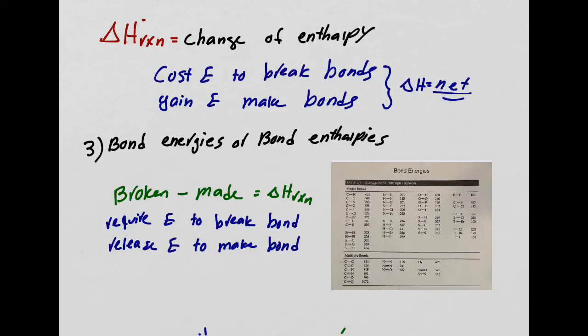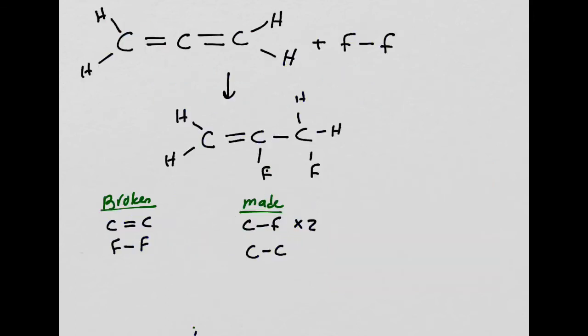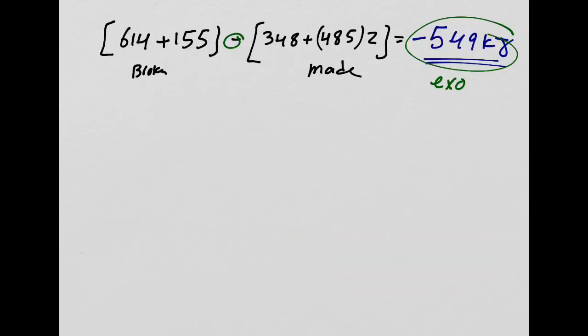And I want you to remember, it requires energy to break the bond, but you release energy to make the bond. That's why we make the number negative, because you release energy. That's favored. Okay, nice job. And then next time we'll start talking more about delta H of the reaction and how you can predict if a reaction is going to happen or not happen.